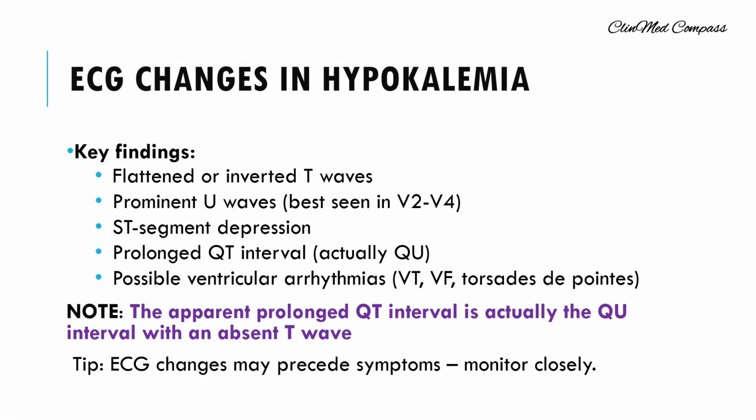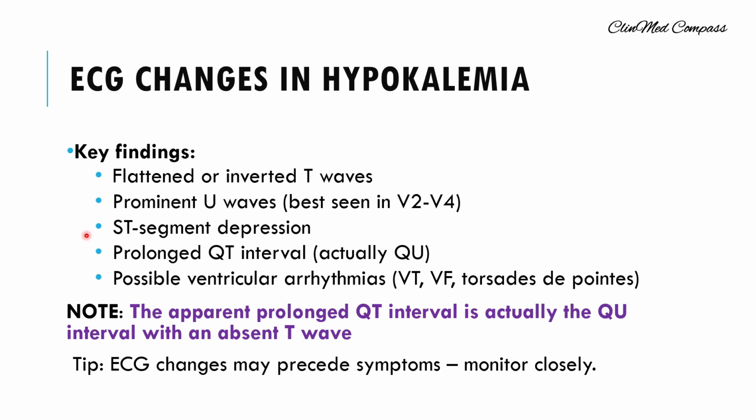Now let's look at the ECG changes in hypokalemia. Important ECG findings include flattened or inverted T waves, prominent U waves, which are best seen in V2 to V4. The U wave is the positive deflection after the T wave.